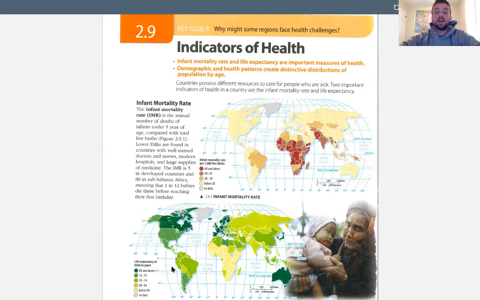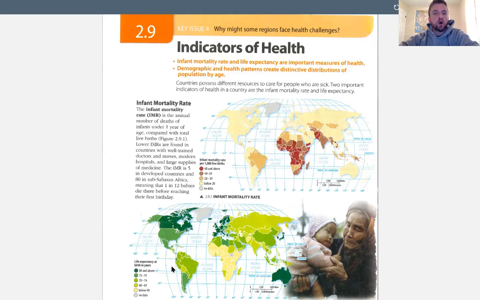Infant mortality rate and life expectancy are important measures of health. Demographic and health patterns create distinctive distributions of population by age. Countries possess different resources to care for people who are sick. As described before, the infant mortality rate is the annual number of deaths of infants under 1 year of age compared with live births.